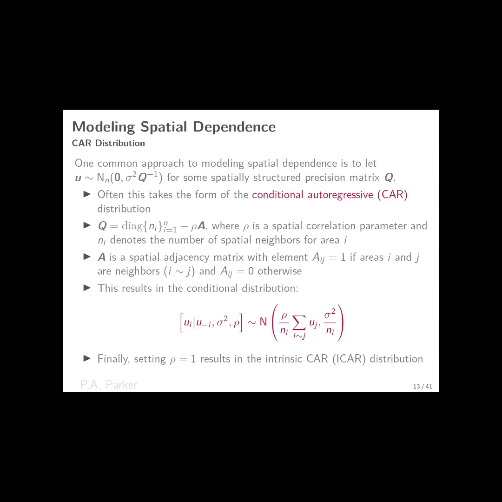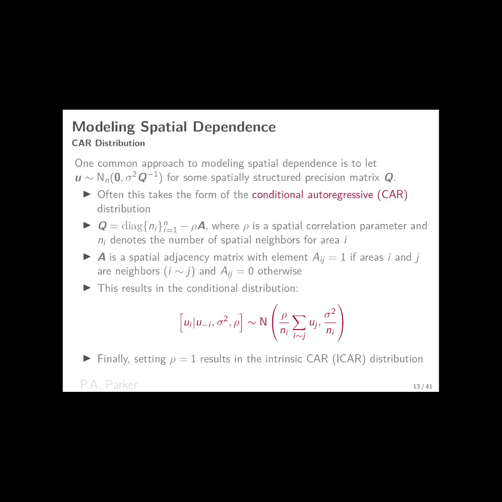And so we could actually look at the conditional distribution here. So mu sub i, the random effect for area i, given all of the other random effects, mu sub minus i, and we see that this is going to be a normal conditional distribution where the mean is a weighted average of its neighbors. So i tilde j.